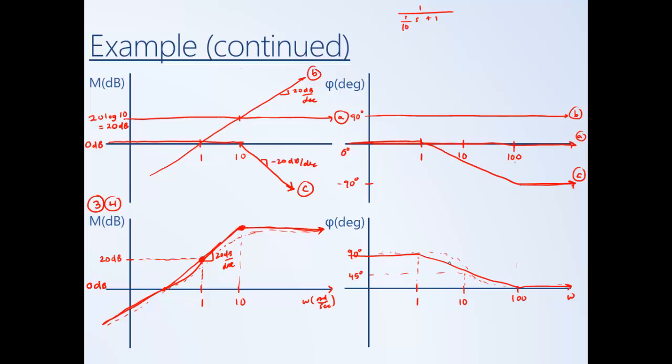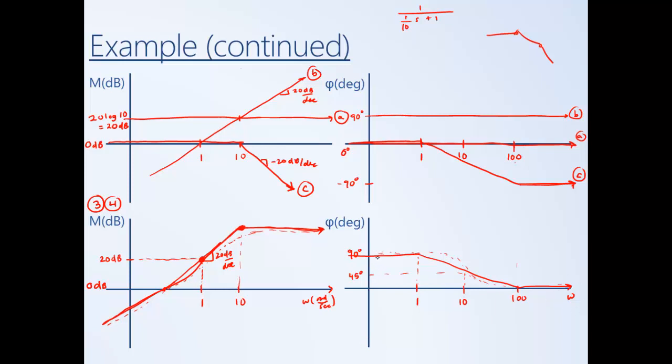So if this is flat, this needs to be shown to be going down. And if we had another break, the slopes need to be correct relative to one another, even if we don't identify the particular value of the slope. And the other thing that needs to be correct is we need to identify the phase at low frequencies and high frequencies.